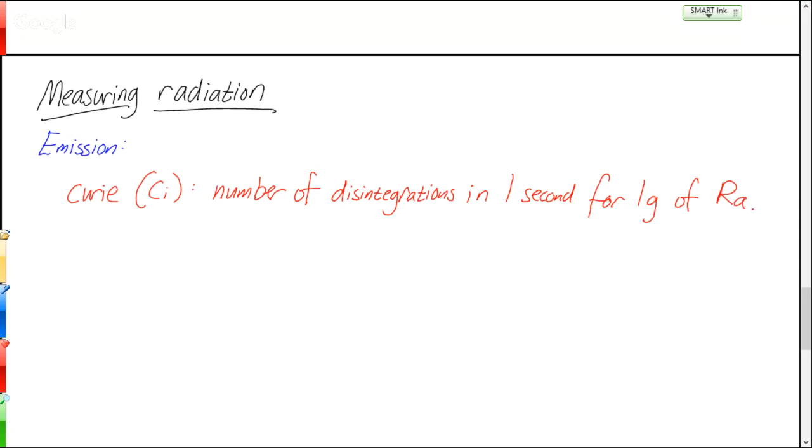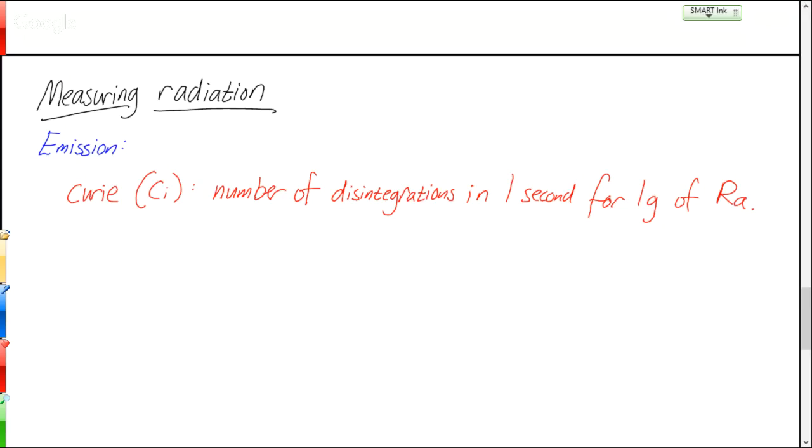So that's kind of what this is based on. You have a gram of radium, and you measure how many alpha particles are coming off of that gram of radium in 1 second, and that's a Curie of radiation. Now that's very specific to this type of element, so then of course you can have like millicuries, megacuries, whatever, depending on how much you have.